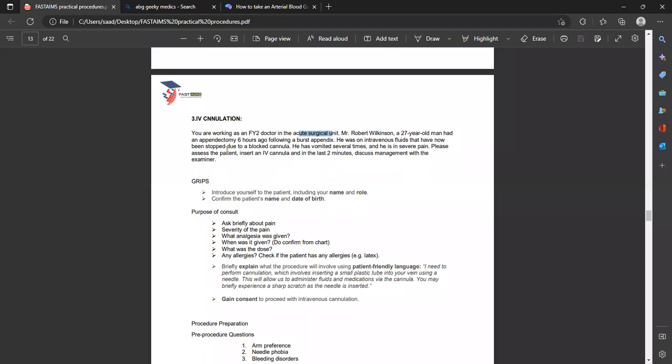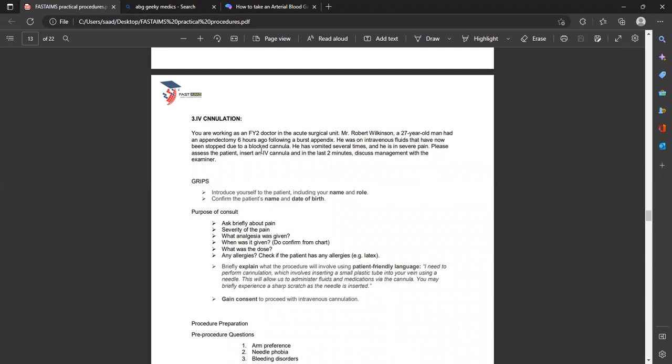Now, your task is to assess the patient, insert an IV cannula, and in the last 2 minutes, discuss management with the examiner. You have three things in your mind while standing outside the cubicle. You have to enter the room and assess the patient. What do you mean by assessment? Take a small history, check what's going on.